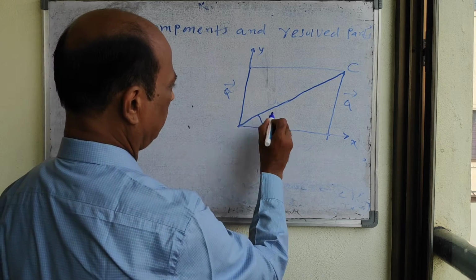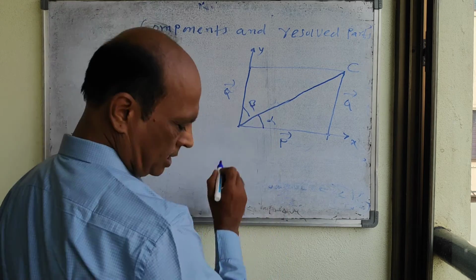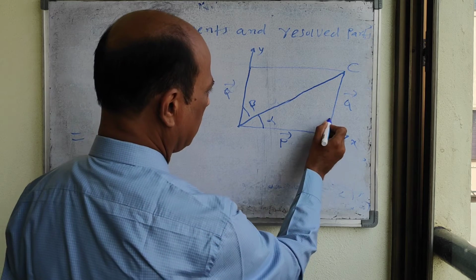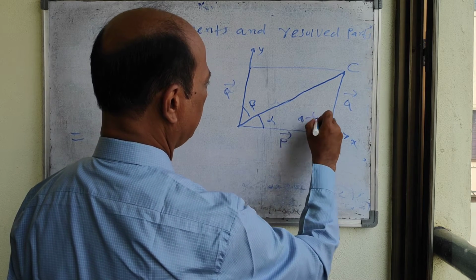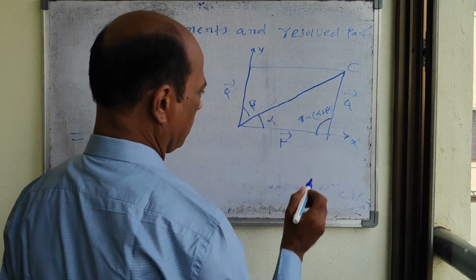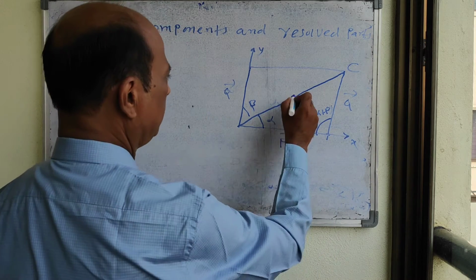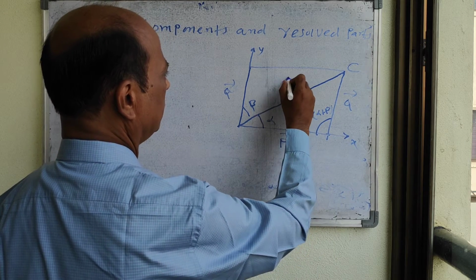This angle take alpha, this angle take beta, and then this angle will be pi minus (alpha plus beta), and this is the resultant, that is R bar.